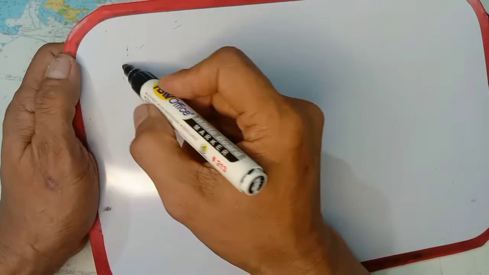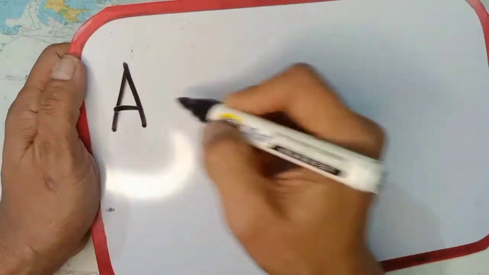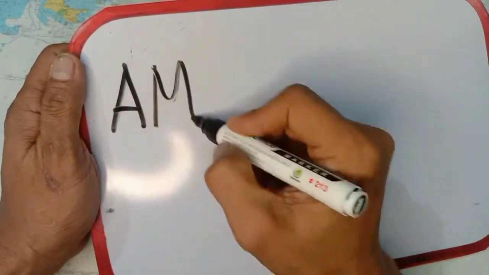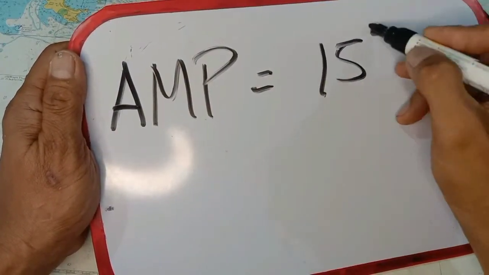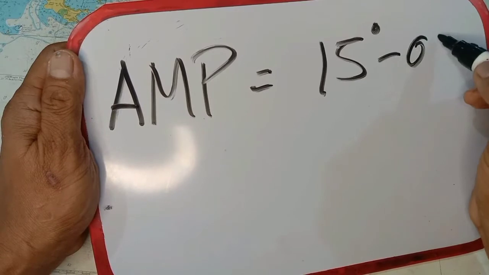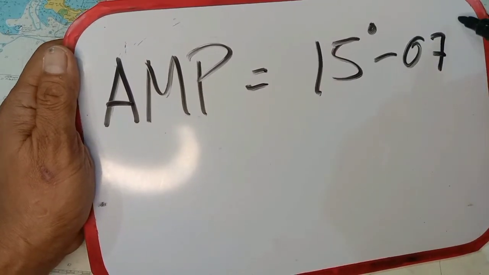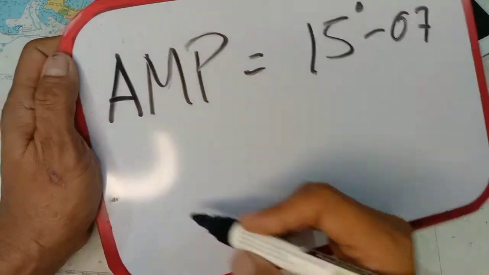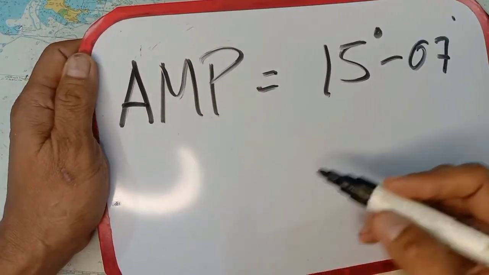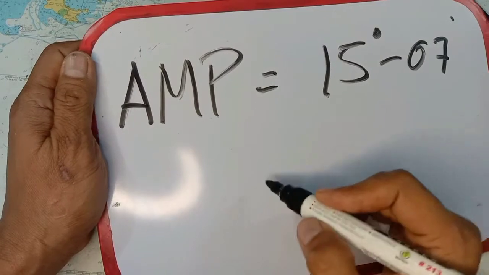Now, our amplitude using the natural table is equals to 15 degrees 07 minutes. Now, what is the amplitude of the sun using the amplitude table?